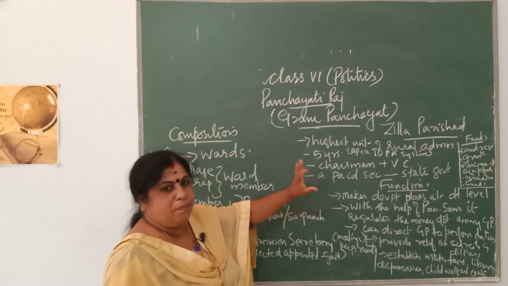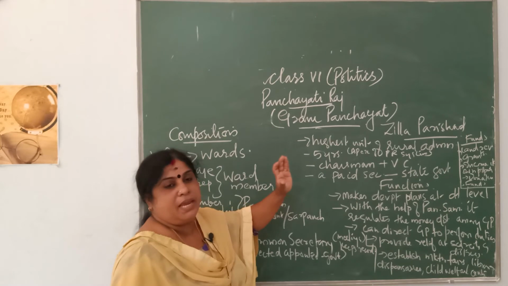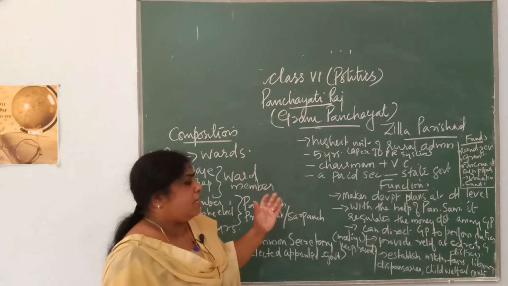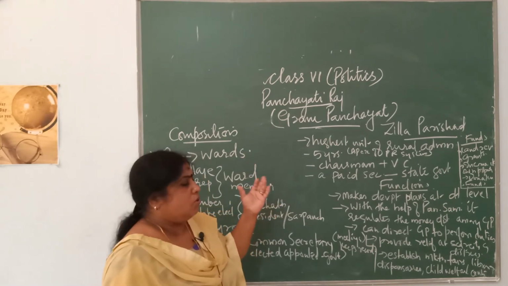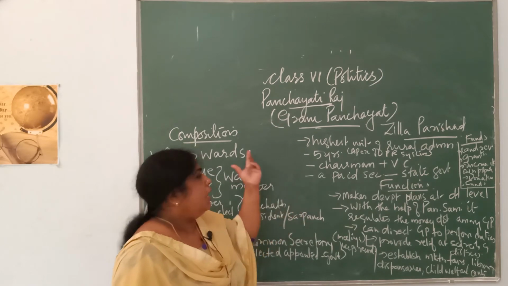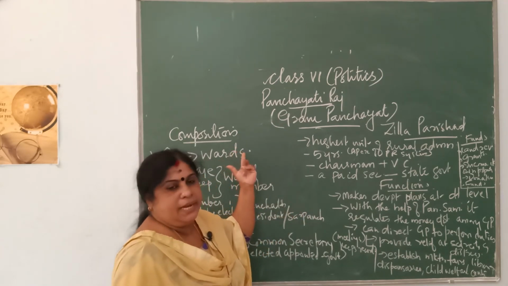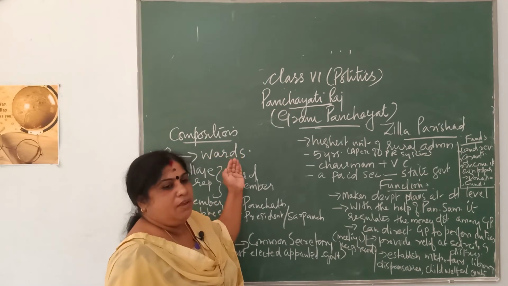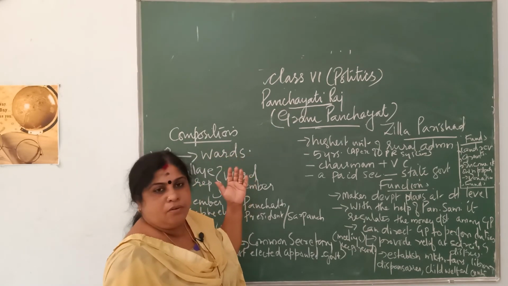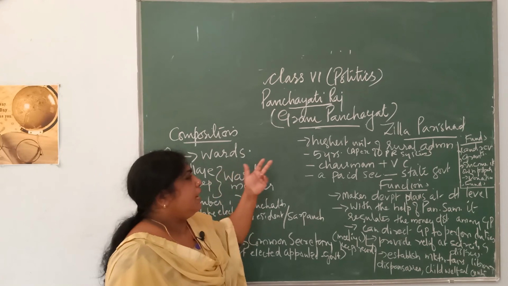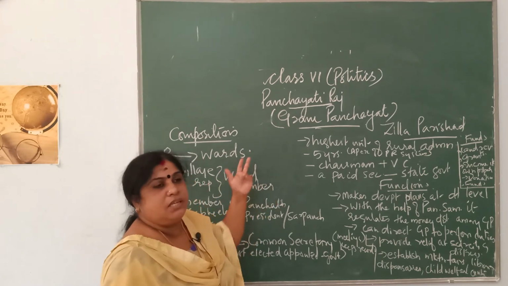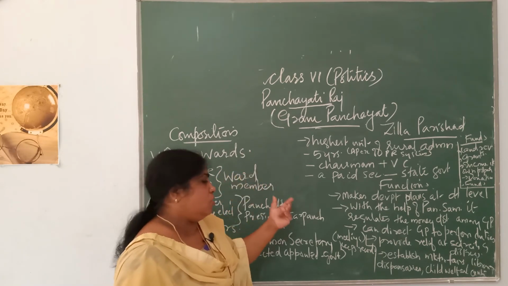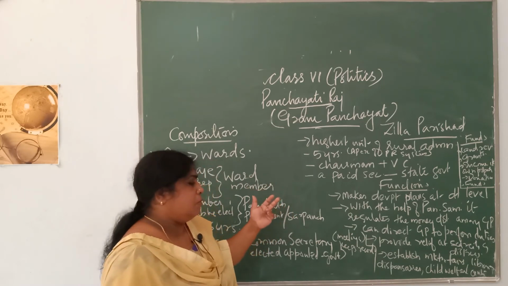With the help of the Panchayat Samiti, it keeps an eye on the money, and regulates the distribution of money among the Grama Panchayats. It can direct the Grama Panchayats to perform their duty well. If they find that a Grama Panchayat is not functioning well, the Jilla Parishad can direct it to do its duty to the maximum.